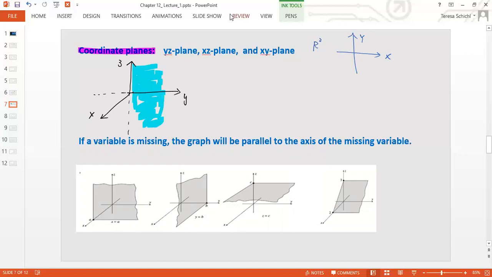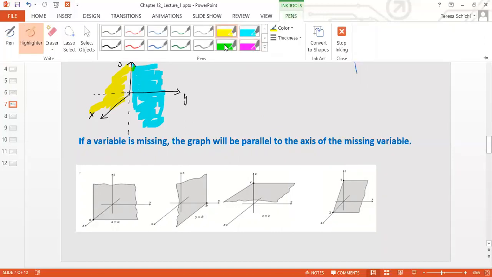So then the XZ plane here, right? The XZ plane will be the plane made of what? X and z, right? So it will be made of the x and z, and then the same thing for the XY plane.